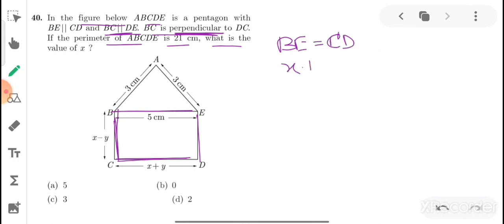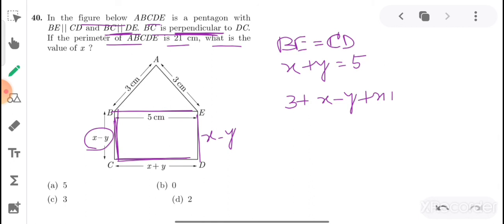X plus Y is equal to, by 5. And if we take BC as x minus Y, then ED will be x minus Y. Then 3 plus x minus Y plus x plus Y plus x minus Y plus 3, it will give 21, as the perimeter of the pentagon is 21.